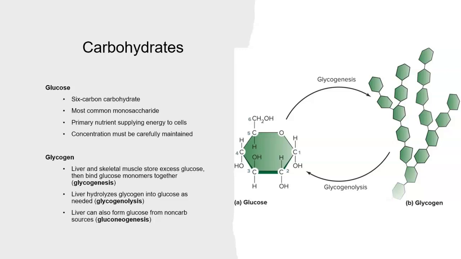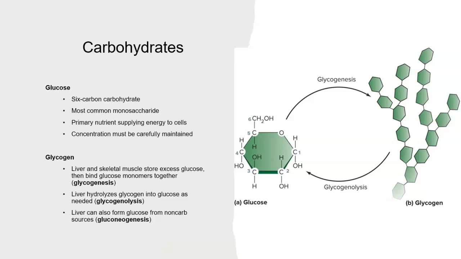Just like you don't want to run out of money, our body doesn't want to run out of glucose. So what do we do when we have extra money? We put it in the bank so we can get it when we need it, right? Well, we do the same thing as humans. Immediately after we eat a meal, excess glucose is going to be stored primarily in the liver, but some in our skeletal muscle as well. So the liver and the skeletal muscle are really good at storing that glucose.